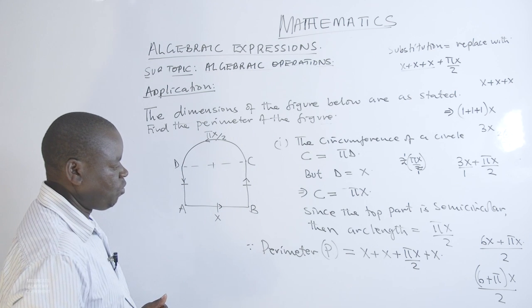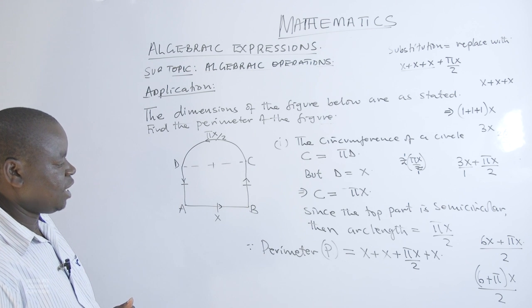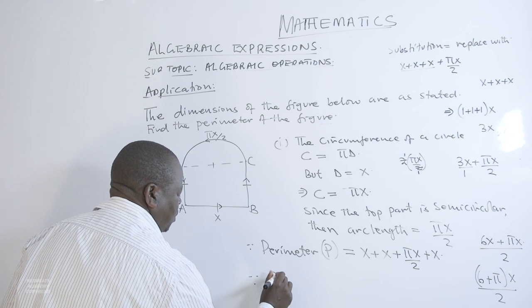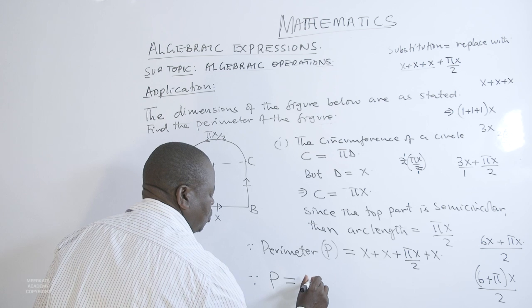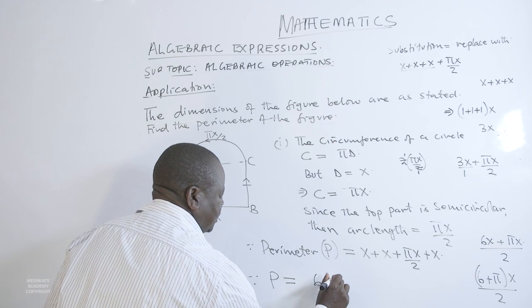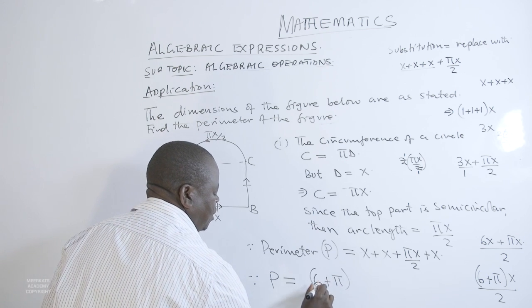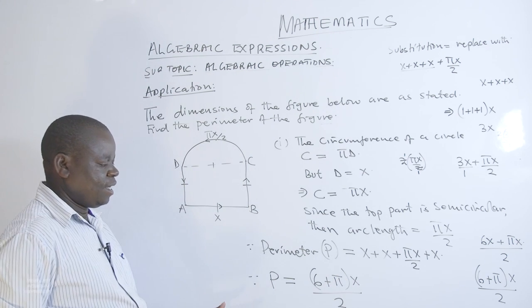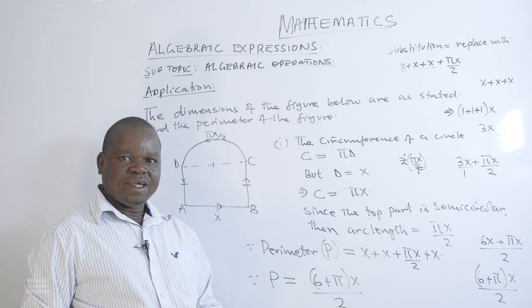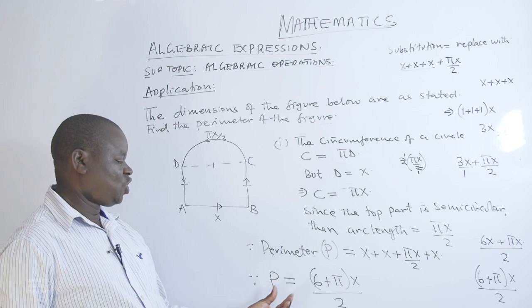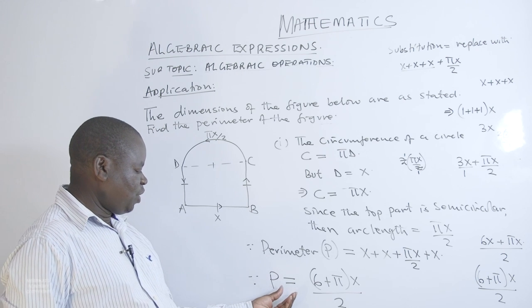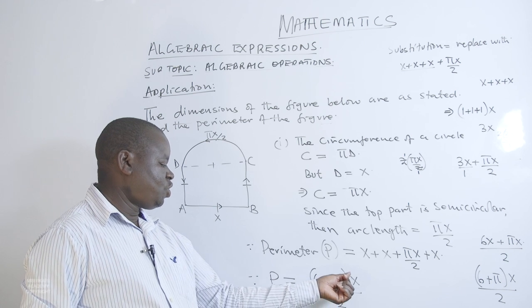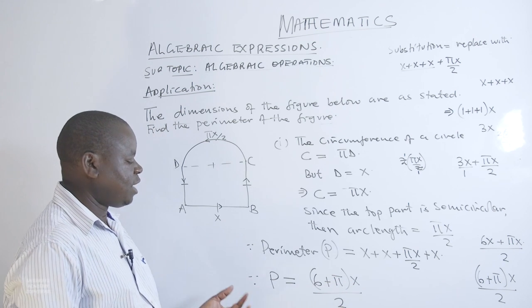That is the simplification of that algebraic expression. So we can say, therefore, perimeter P is equal to 6 plus pi into x all over 2. We can be asked in application questions to show that the perimeter P of the object is given by 6 plus pi into x all over 2.